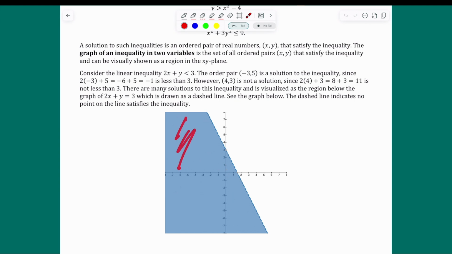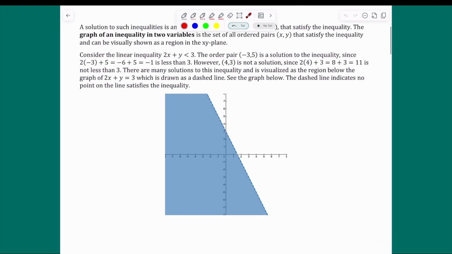And so that whole shaded region is the solution set to the inequality 2x plus y less than 3. Anything out here, such as 4, 3 which we observed, did not satisfy the inequality, and therefore no other point out here will either. Okay, so that's a linear inequality.